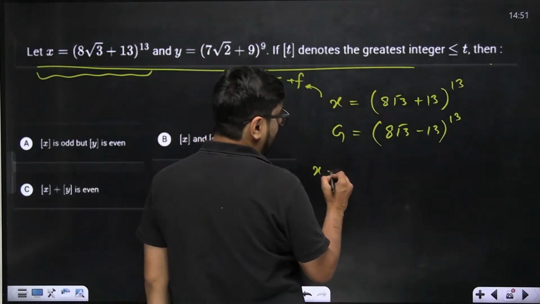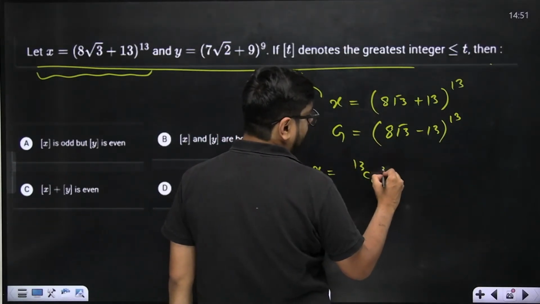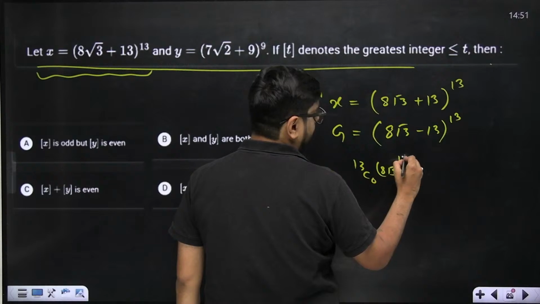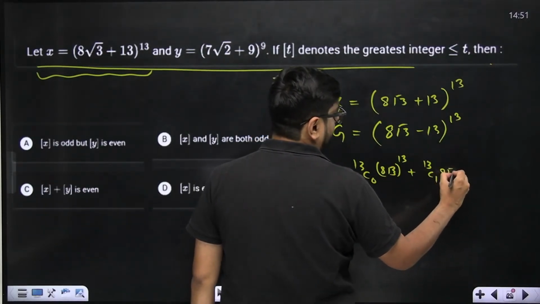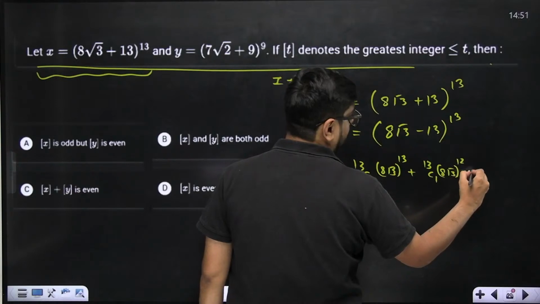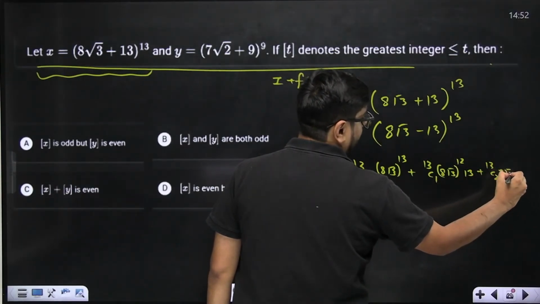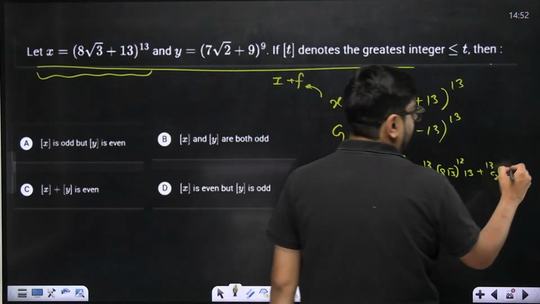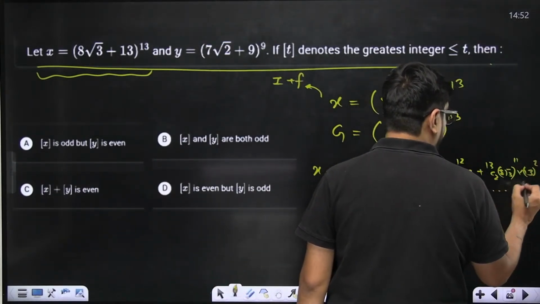Suppose I expand x. Its expansion will be 13c0 (8 root 3) to the power 13, plus 13c1 (8 root 3) to the power 12 into 13, plus 13c2 (8 root 3) to the power 11 multiplied with 13 to the power 2, and it will keep going on like this.